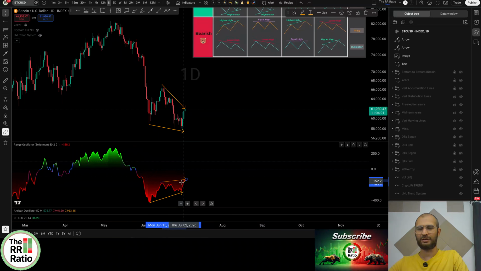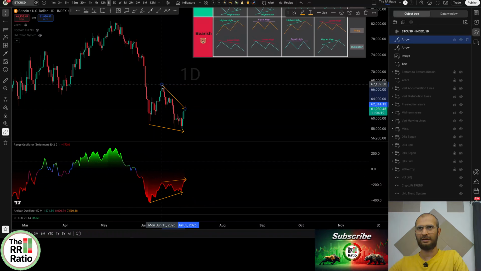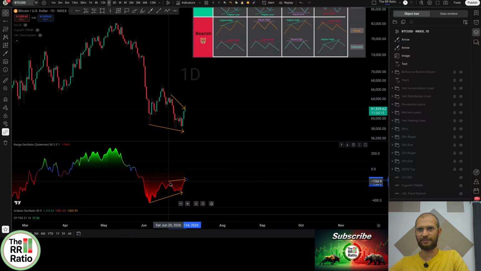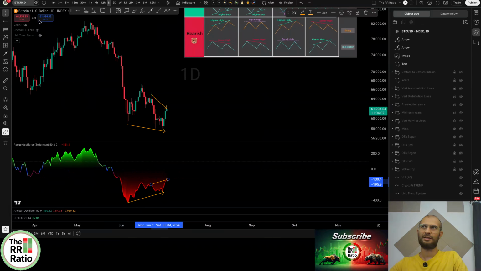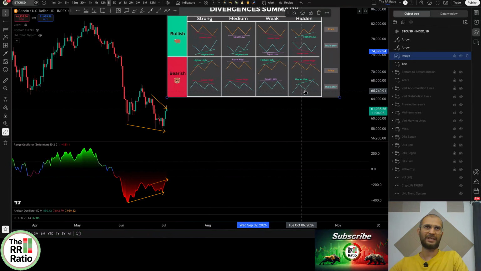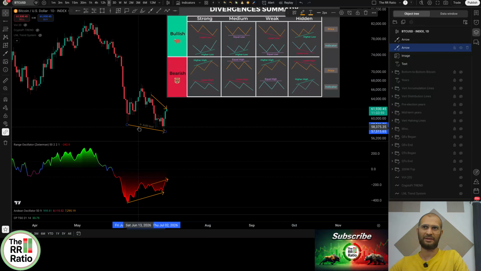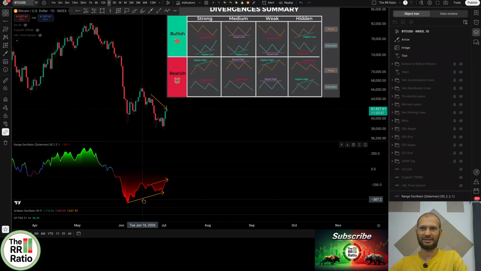From here to here, it's a direct one. If I consider even more recent price action, you see it again, it's making a higher high. So we are right now forming the hidden divergence, that is lower high in the price.